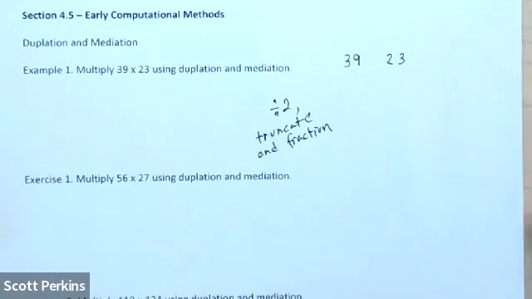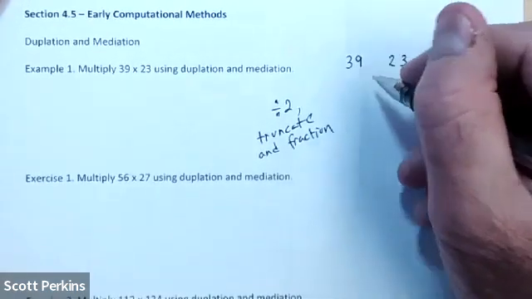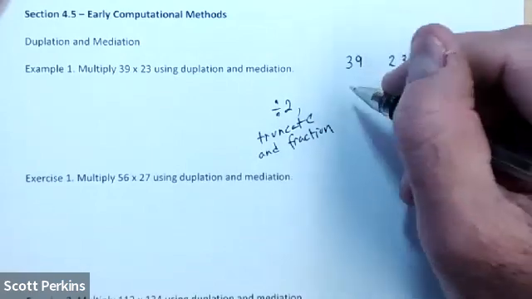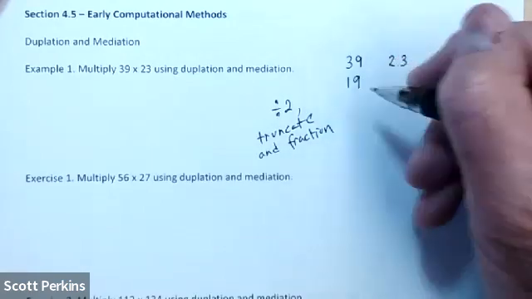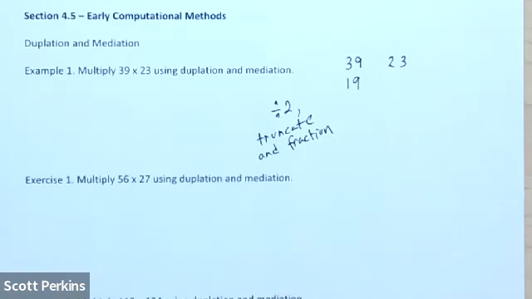When you divide 39 by 2, you get 19.5. All I care about in that is the 19 part. That's what it means to truncate. I don't care about the 0.5. So I'm just going to write down 19. Okay, 19 divided by 2.